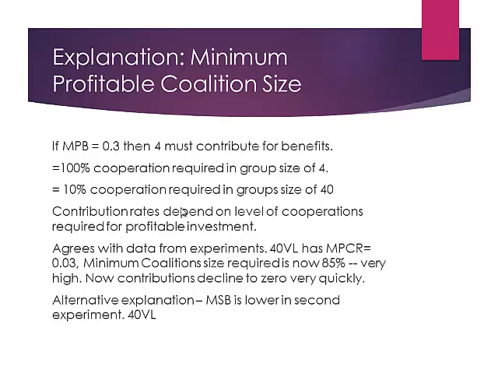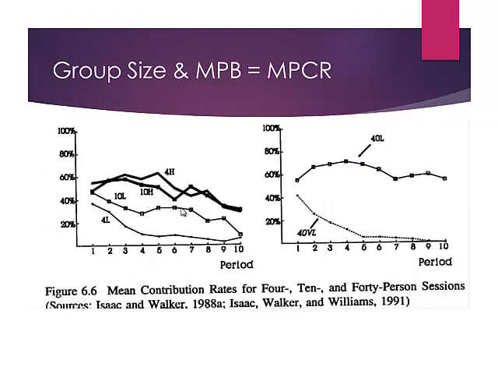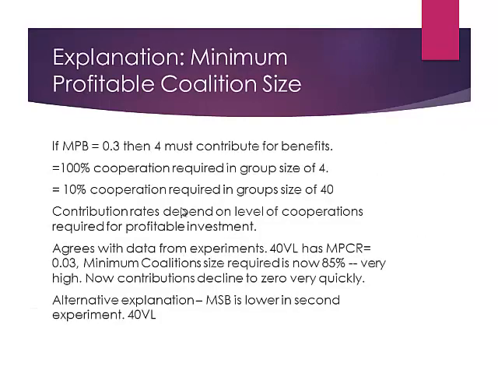Now the data from experiments matches this hypothesis that it's the minimum profitable coalition size which people look at. If you look at the group of 40 with very low MPCR, 0.03, then the coalition size required was 85%. If 85% of people put in everything, then you will benefit.